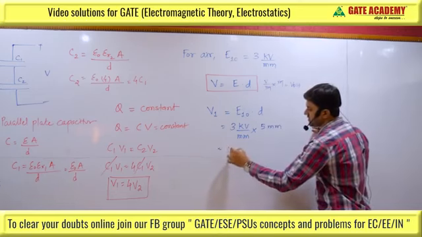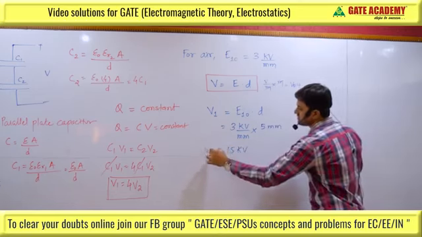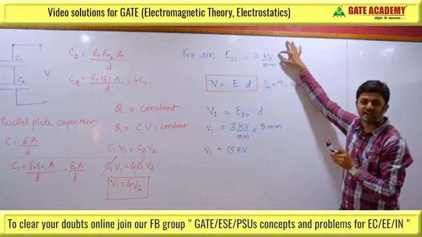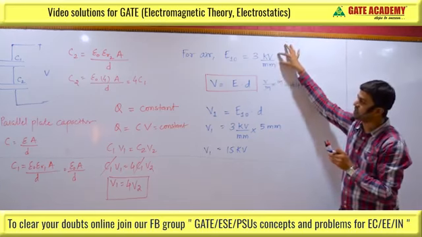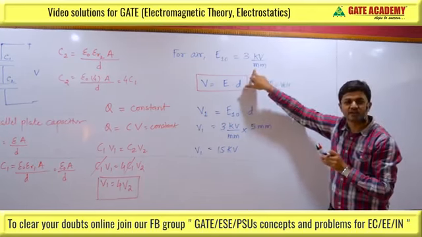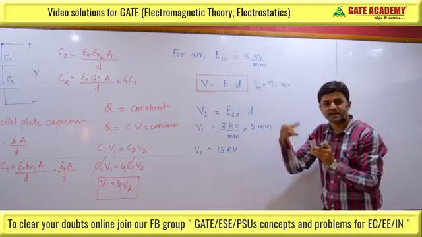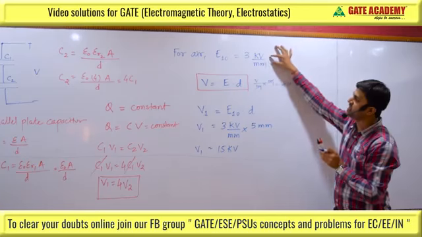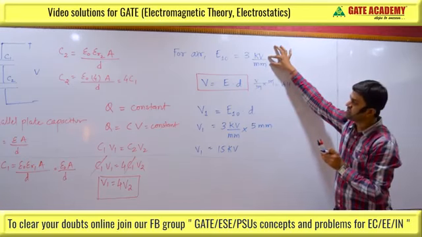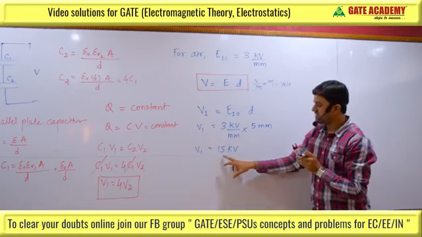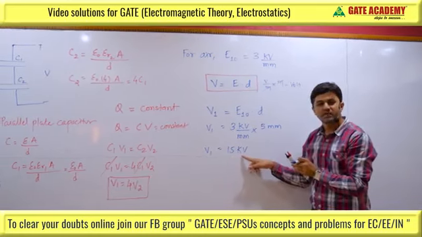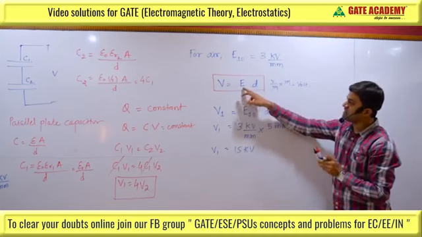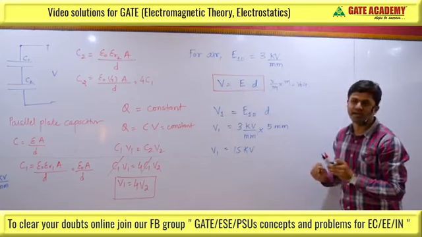So this is 15 kilovolt. If we consider the dielectric strength, it means it is not in breakdown, because this is the maximum electric field that the dielectric, that means air here, can tolerate without breakdown. So if the electric field for air is this, then the voltage applied across that air gap should be 15 kilovolt. If we increase this voltage, then it will go into breakdown.